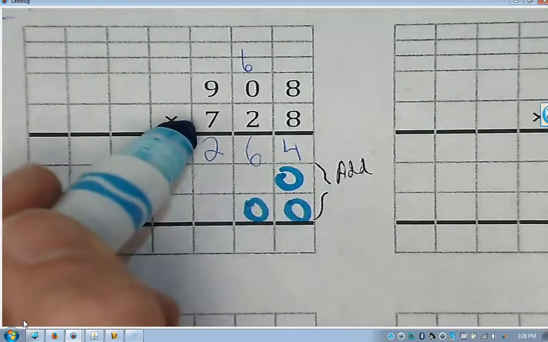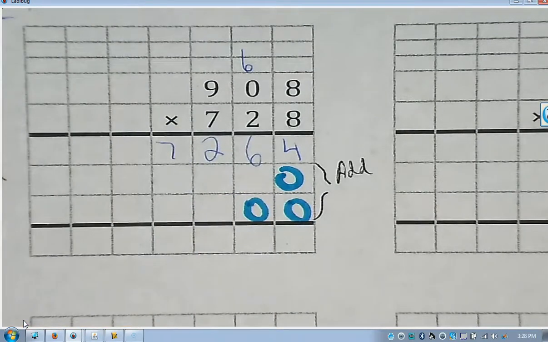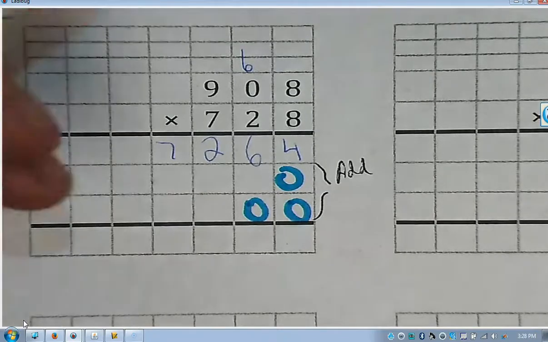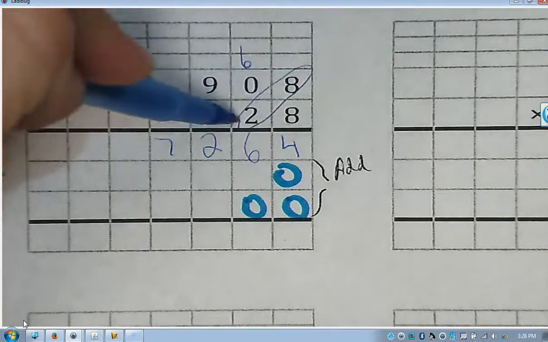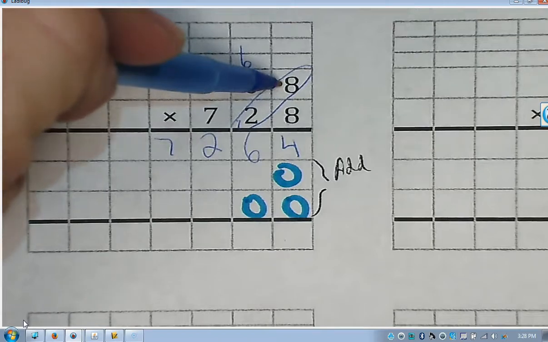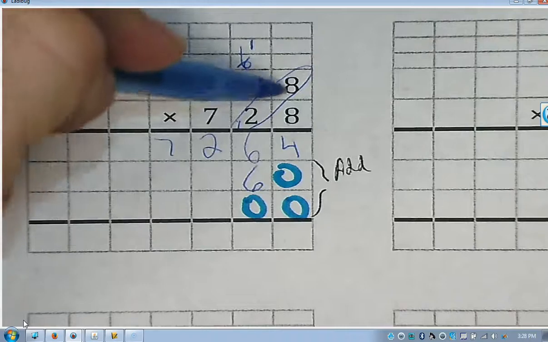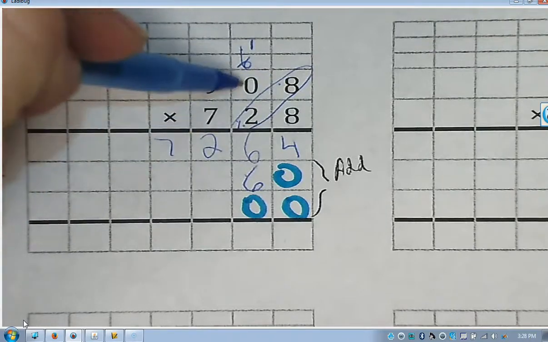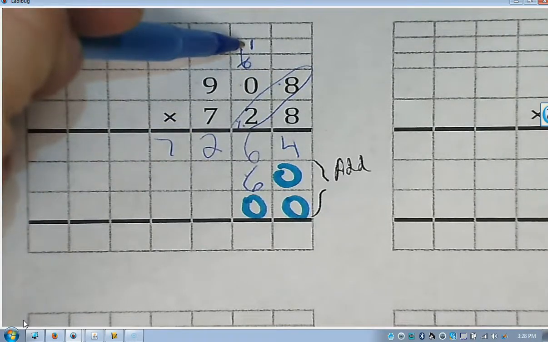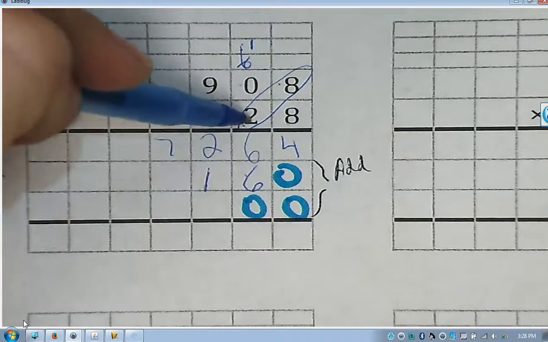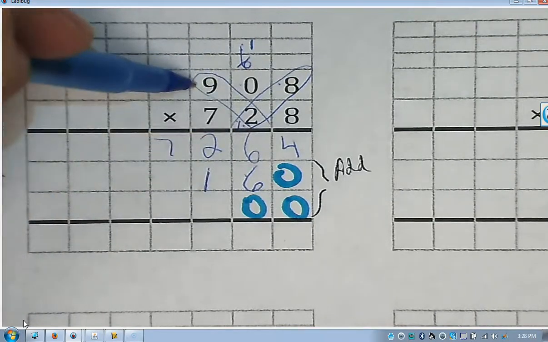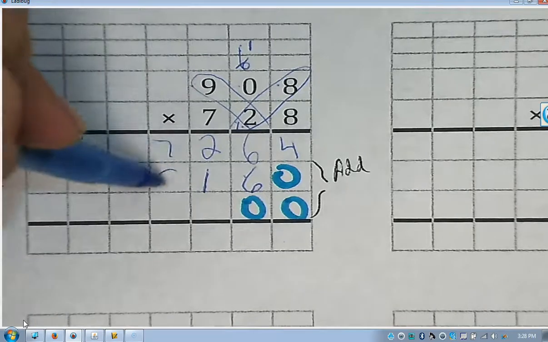Those are for the times 700. 16. 2 times 0 plus 1. 1. 18.